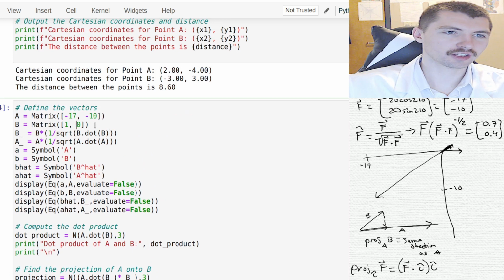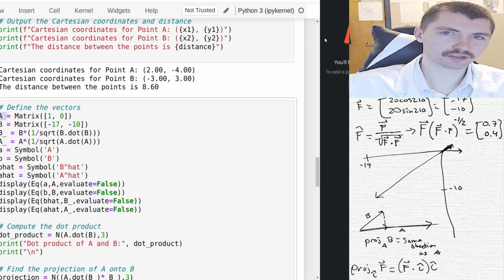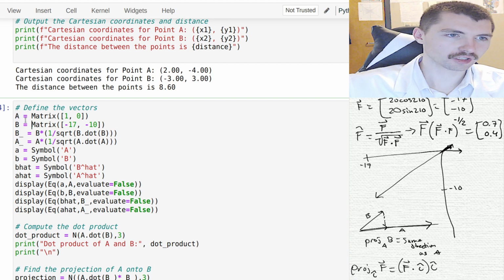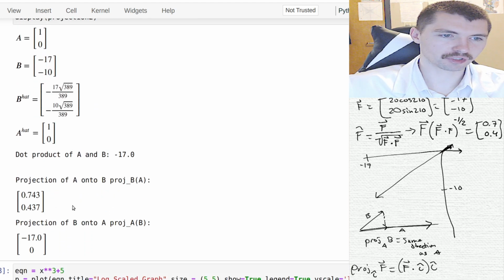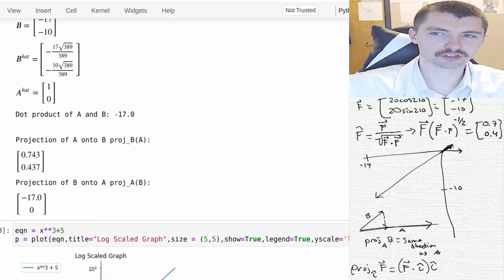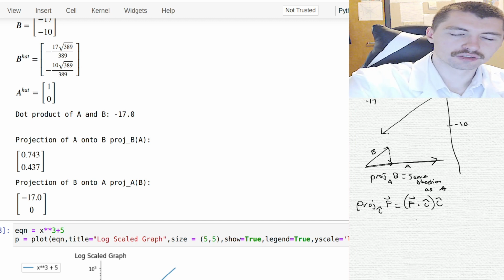Okay, so I guess I didn't have to do that. I could have just changed this to B, but the way I've coded it is it gives me projection of B onto A.